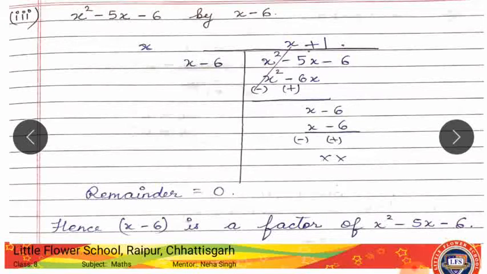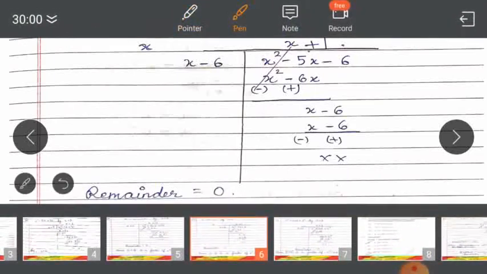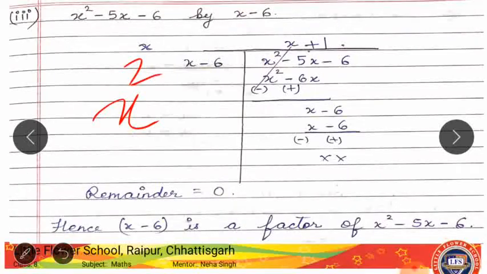So here the first step is again the same. The first term of the dividend will be divided by the first term of the divisor, that is, x square will be divided by x. 1x getting cancelled, you are left with x.